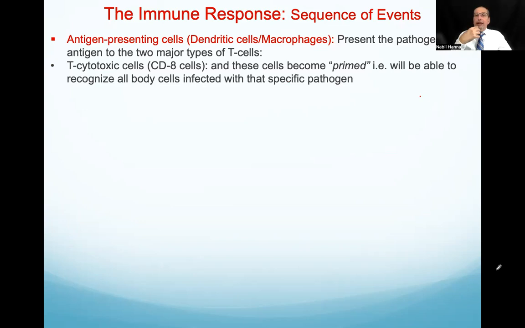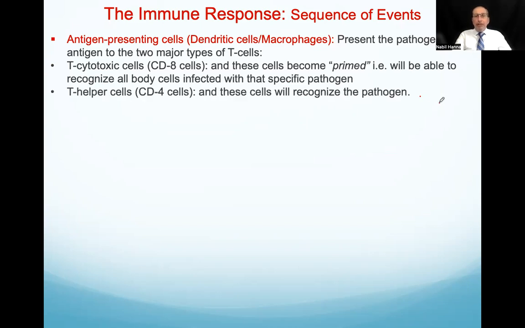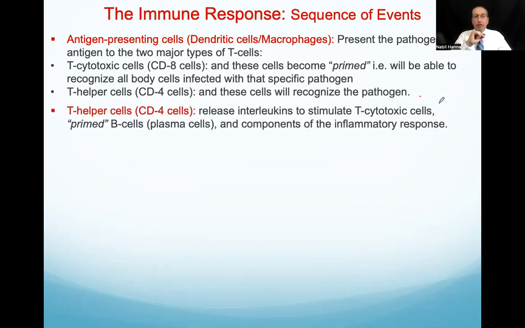Primed means: now I know you, and I'm able to recognize the body cells that are infected with that specific pathogen. I'm only waiting for orders to come from the T helper cell in order to kill every cell in the body that is infected with this particular pathogen. Also the dendritic cells communicate with the T helper cells, and the T helper cells now will know what the pathogen looks like and will send chemicals to stimulate all components of the immune response and also the inflammatory response.